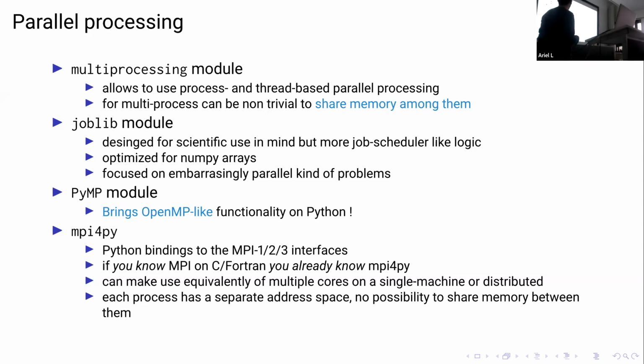Then for GPUs, it's a completely different world. But exploiting multiple CPU cores is OpenMP and MPI. So you have these options to create a parallel code with Python by using those approaches.